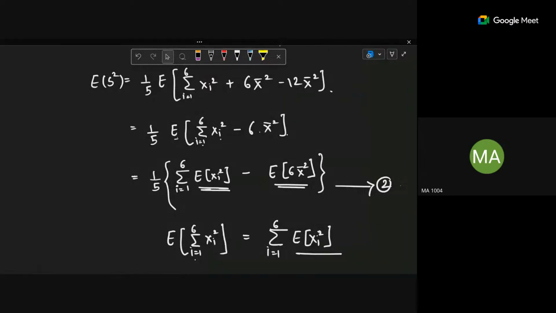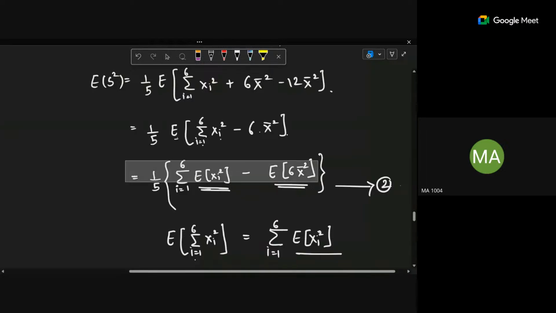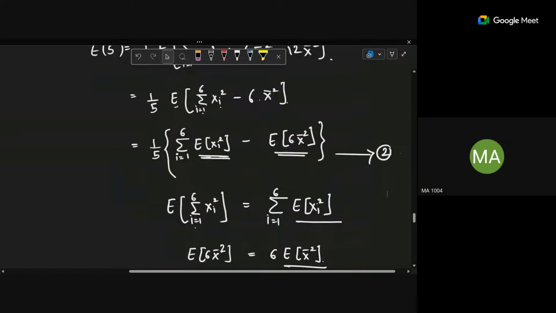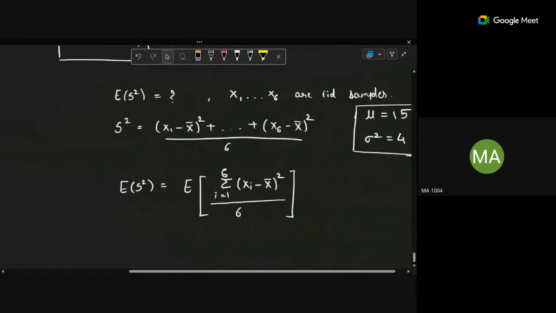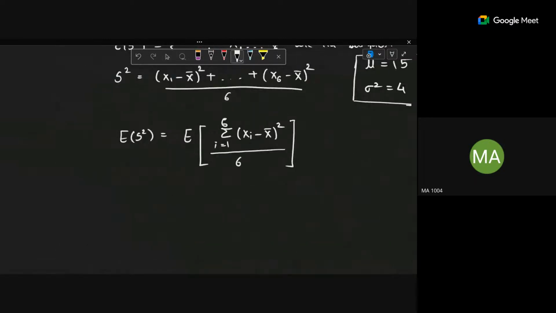Expectation of S square is 1 by 6 times the expectation of summation xi square minus 6 x bar square. So what will you get? Okay, is it fine if I write directly? Because the same thing is there, right?